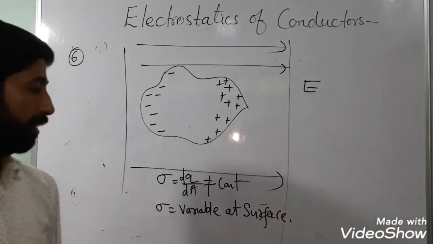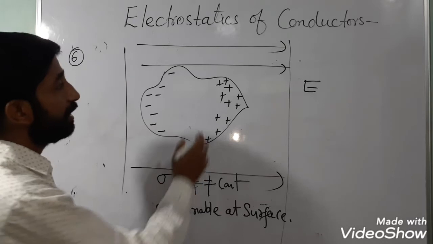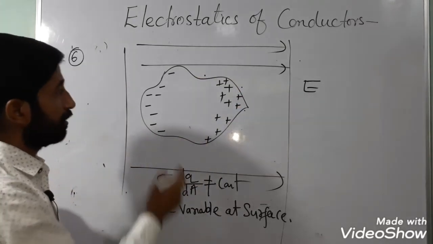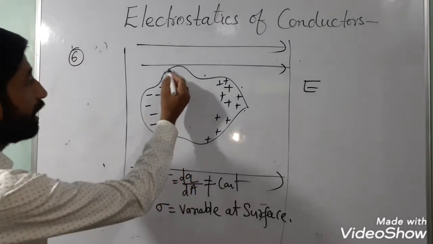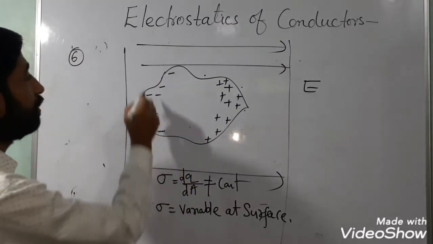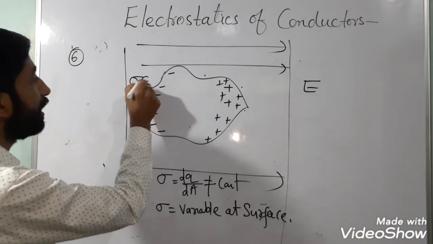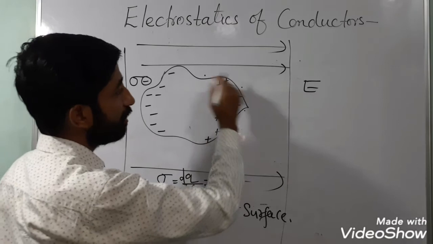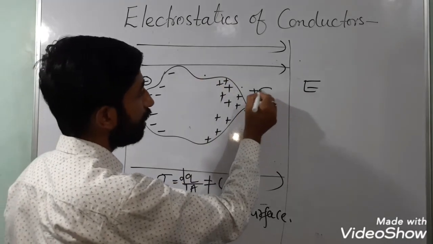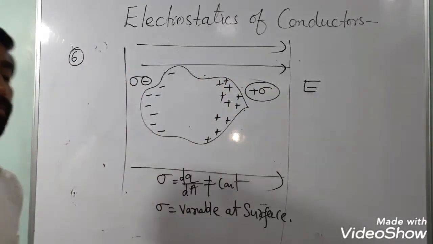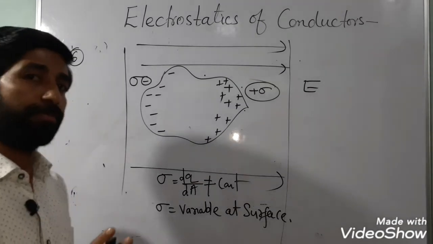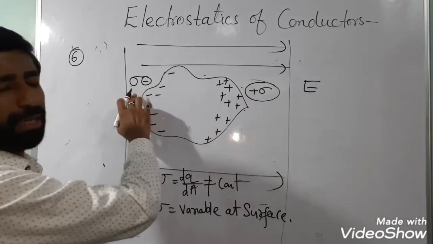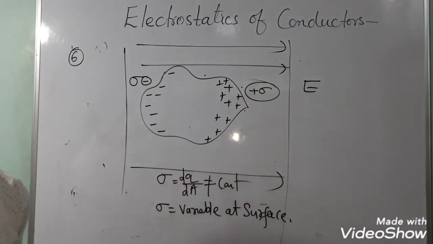It means the value of charge density at different points will be different. We have negative charge on this side, so sigma will be negative. These are positive regions, so the charge density on this side will be positive. Okay, this is very simple. Sigma is positive due to positive charge accumulation and negative due to negative charge accumulation.